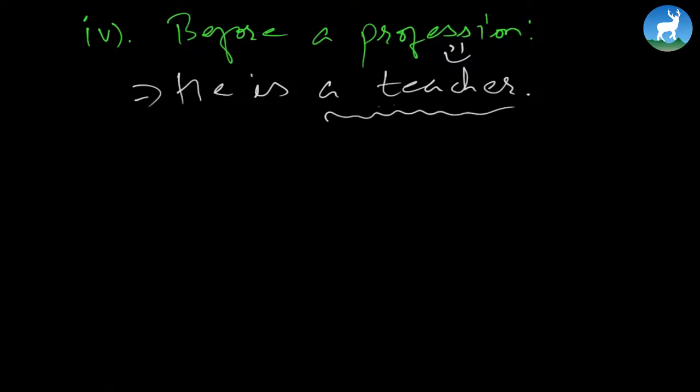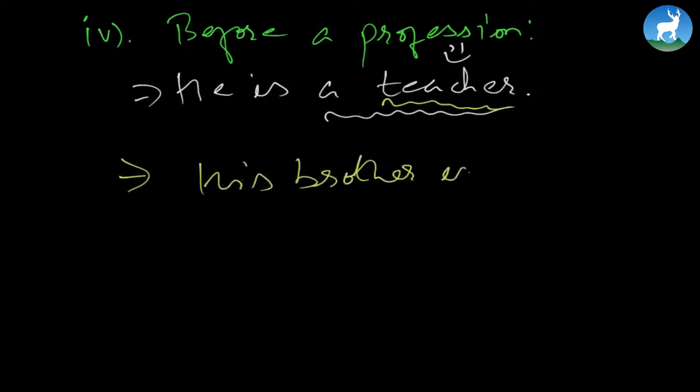In this case, we have a. As we move further, his brother is a pilot. Again, a before a profession. So this is how, in these many cases, we use the indefinite article, under the category of these four titles. Now, how about the definite article then?